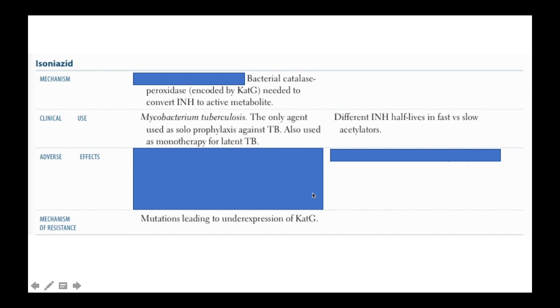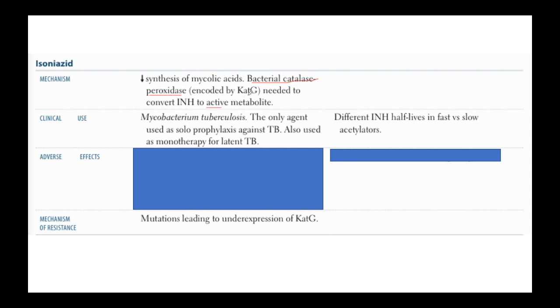Okay, then we have isoniazid. Can anyone tell me what isoniazid does? Inhibits mycolic acid synthesis. Yeah. It decreases synthesis of mycolic acids, and it's important to know that isoniazid needs a bacterial catalase peroxidase to become active.